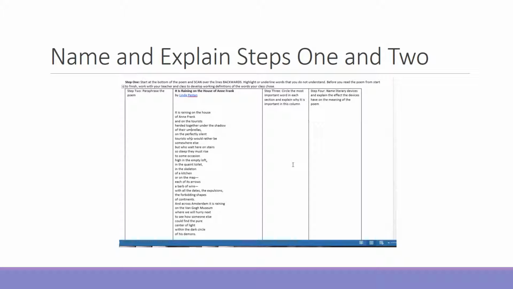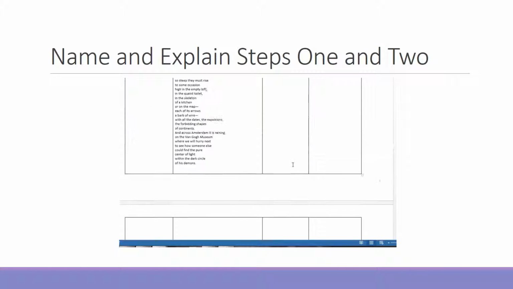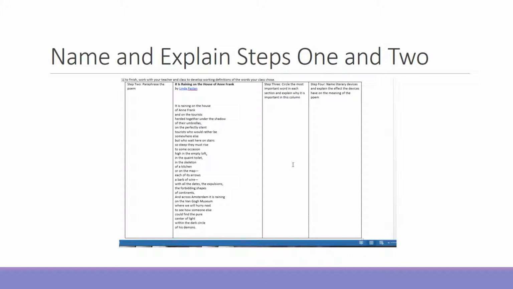But what I'm going to do right now is read the poem out loud to you before we get started with the paraphrase. So this is It Is Raining on the House. Whoops, come back, poem. It is raining on the house of Anne Frank, and on the tourists herded together under the shadow of their umbrellas, on the perfectly silent tourists who would rather be somewhere else, but who wait here on stairs so steep they must rise to some occasion high in the empty loft, in the quaint toilet, in the skeleton of a kitchen, or on the map, each of its arrows a barb of wire, with all the dates, the expulsions, the forbidding shapes of continents.